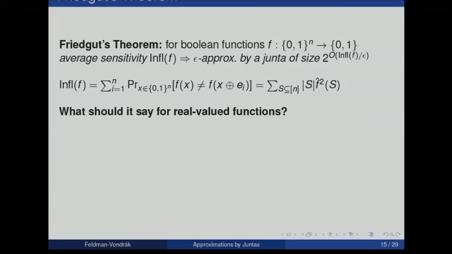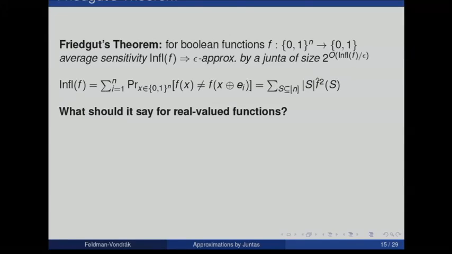Okay. So again, for Boolean functions, we measure the total influence just by adding up these probabilities of whether the function value differs or not. And there's a nice expression in terms of Fourier coefficients for this. So when we want to go from Boolean values to functions that have real values, what is the most natural thing to generalize this?